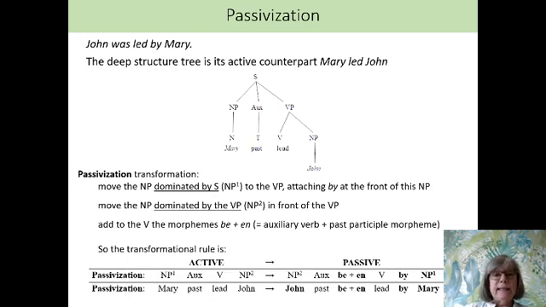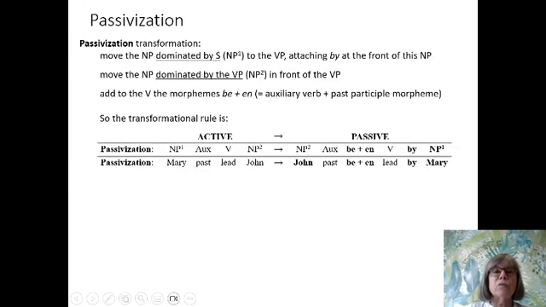The active sentence has NP1 followed by aux V NP2. In the passive, NP2 moves to the front. The aux is still there. We add these morphemes be plus en. There's the verb. And then we have by plus NP1. And that moves us from Mary past lead John to John past be plus en lead by Mary. Okay, so that's the transformational rule. We see it there again.